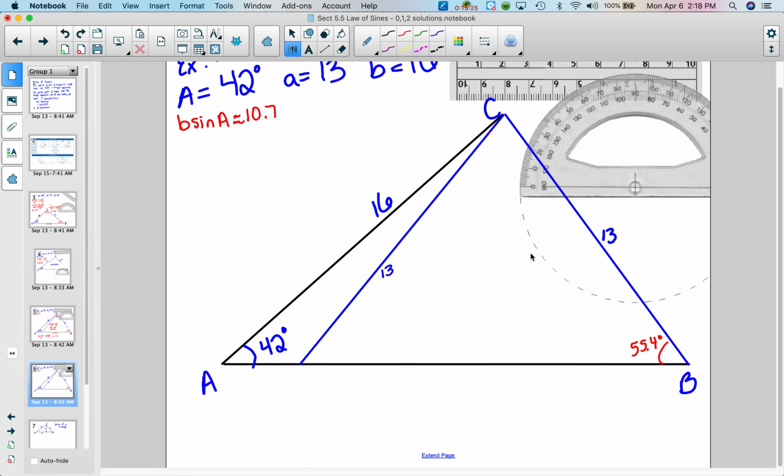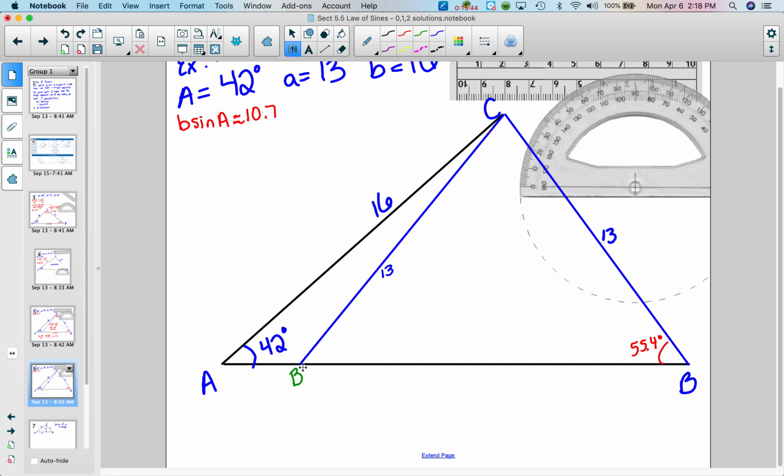Okay, so I got rid of some of that work, although I'm still going to leave my original angle B, 55.4 degrees, because that's going to be important to help me find my other triangle. Now we want to focus on this triangle over here. So this is going to be my new angle B. I'm going to use a different color. You can use a different symbol if you want.